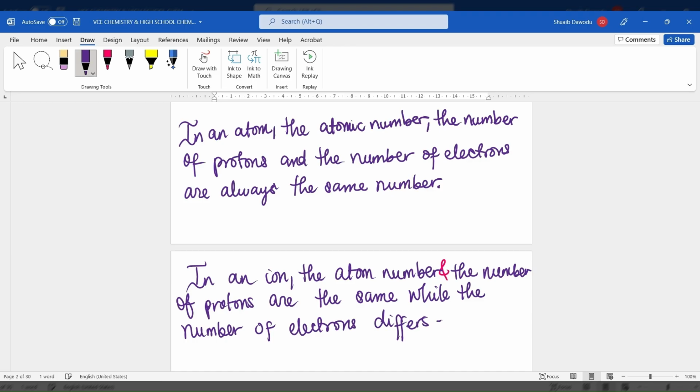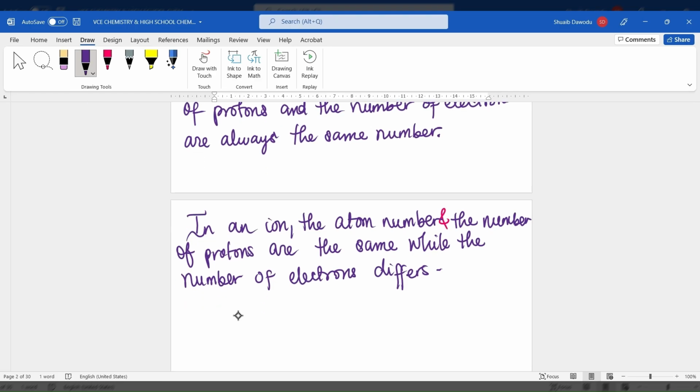So that's what's going on. For example, say we had a situation where we had K plus. This plus is just representing K, and then the plus one is just going to tell you that whatever the number of protons is, you minus one from the value, and that's how you're going to be able to get the number of electrons.